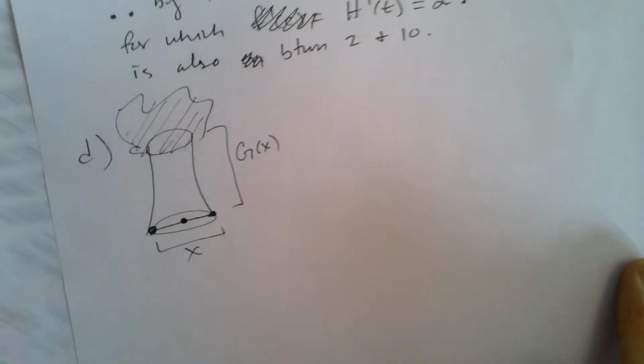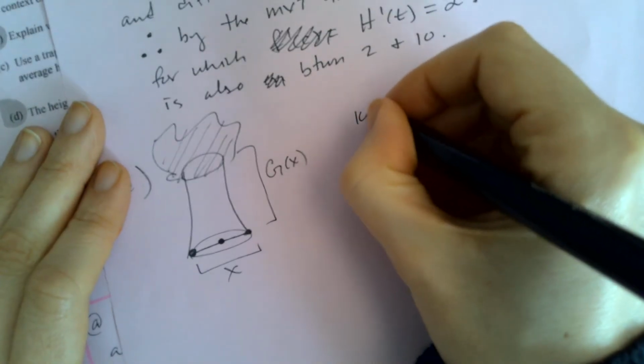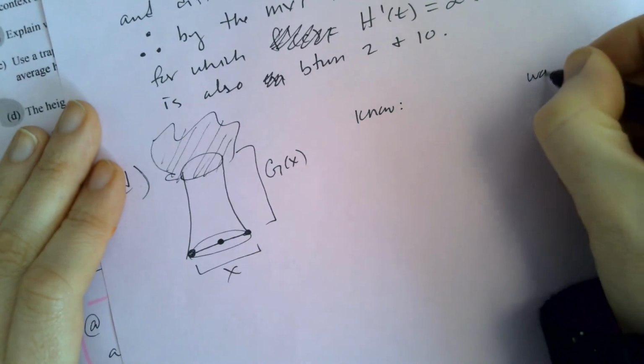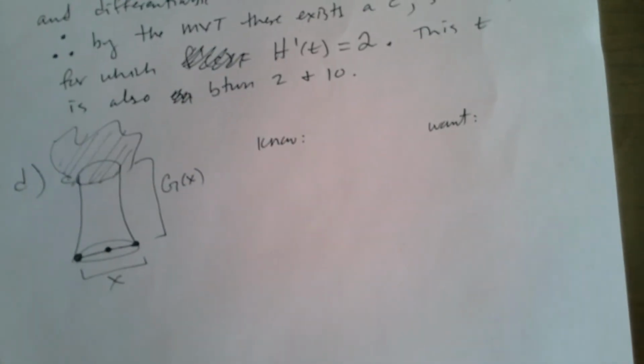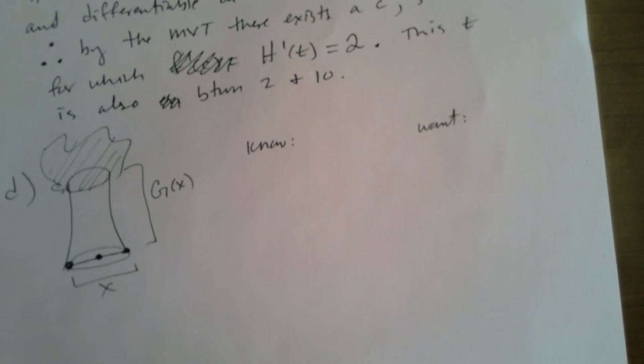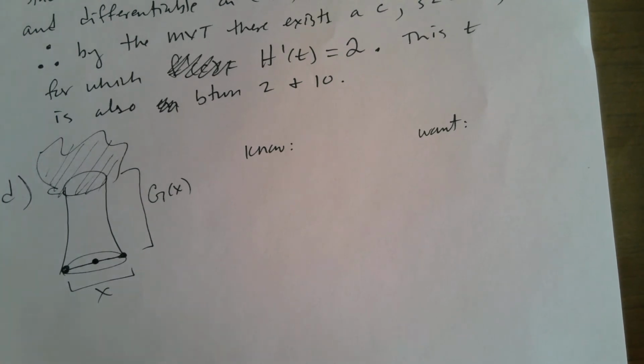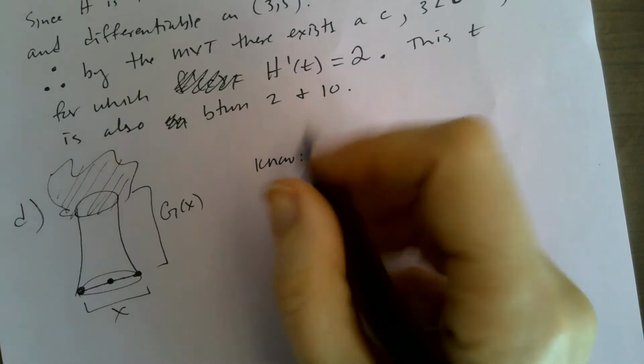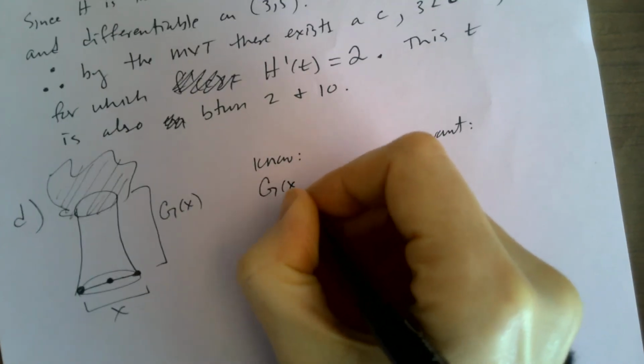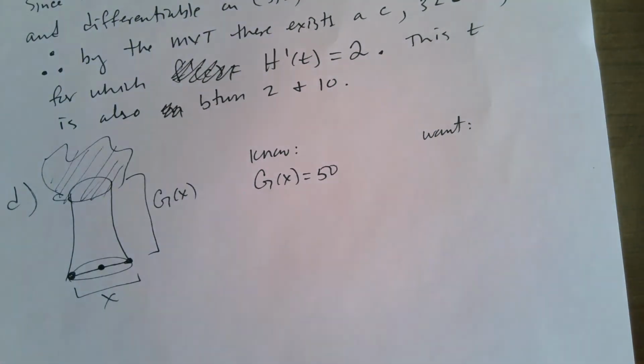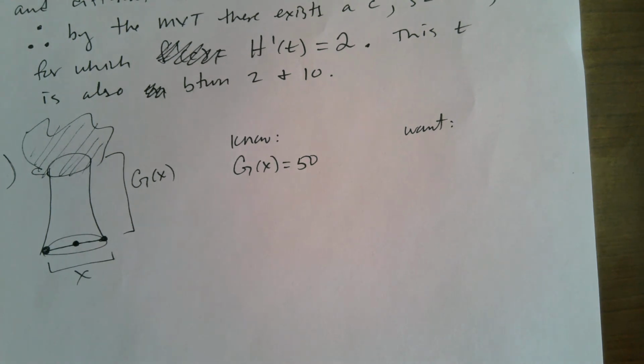Okay, now let me think about what we know and what we want. So we know the height of the tree can be modeled by that function. When the tree is 50 meters tall, we know that g of x equals 50. When the tree is 50 meters tall, the diameter of the base of the tree is increasing at a rate of 0.03 meters per year.